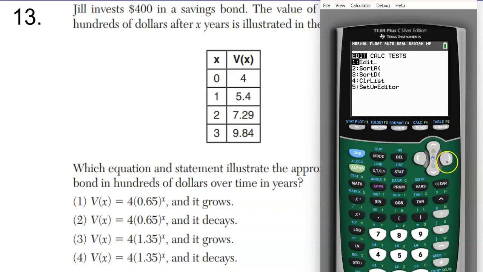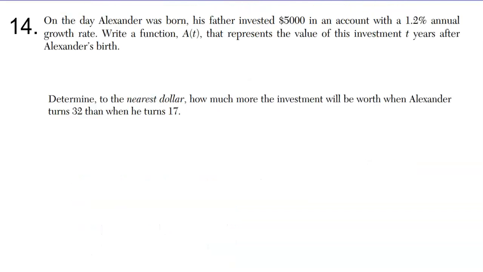You stat, calc, exponential regression, which is off the screen. Now letter number 0 here. You press enter several times, and it looks like it's 4 and 1.35. Yep, so we were right.